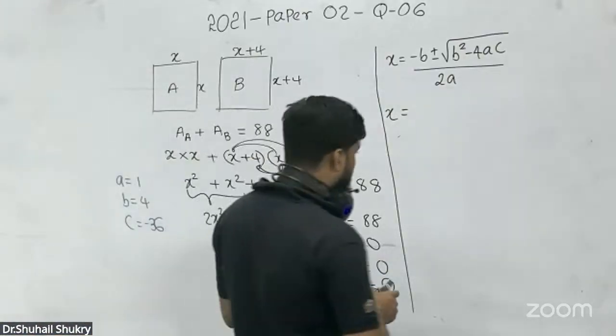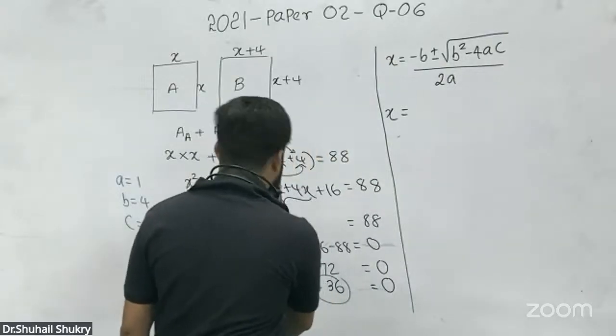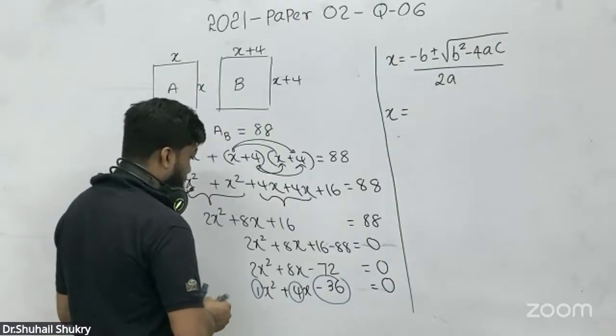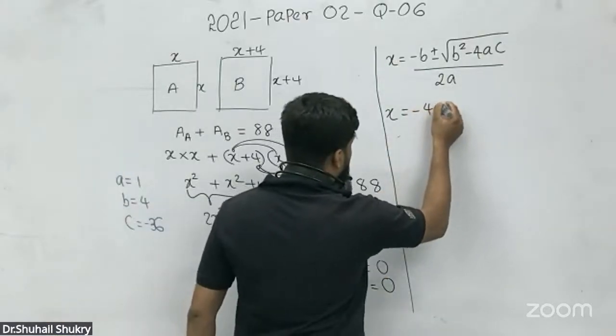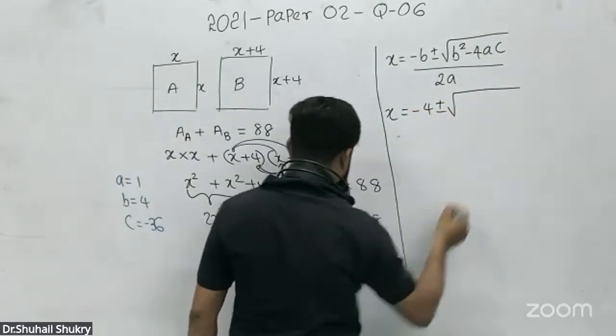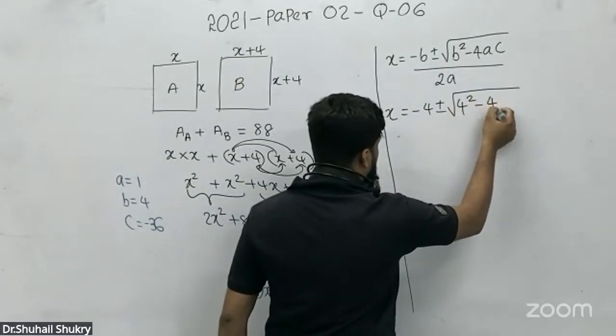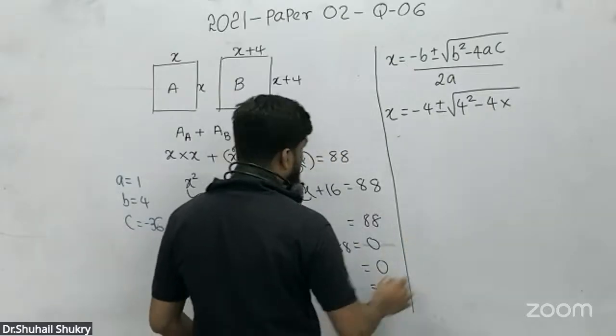Then I substitute these numbers. For b I have to put minus 4, plus or minus the square root of 4 squared, minus 4ac, that is 4 into a, which is 1, into c, which is minus 36. Divide by 2a, and 2 into a is 1.